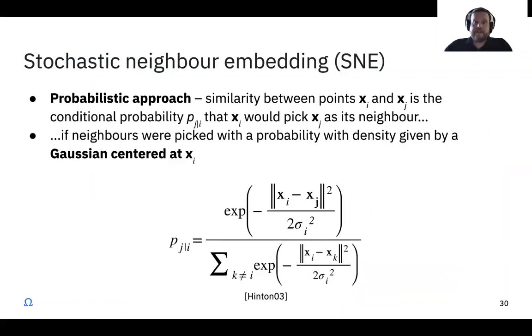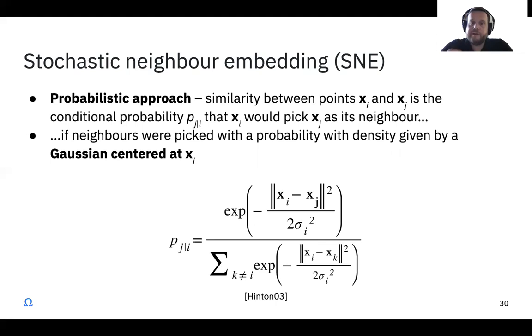A further method is called stochastic neighbor embedding. That one is probabilistic. It has a horrible equation down there, but don't worry, we're gonna go over it very intuitively, hopefully. So all that SNE does is that the similarity between points xi, xj in the original high dimensional space is given in a probabilistic manner.